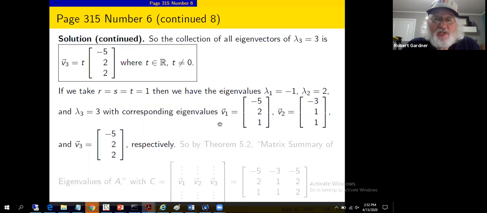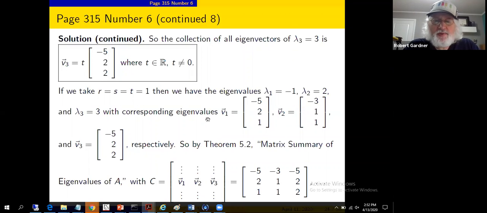All right, so Theorem 5.2 said, make yourself a matrix C and have this be the first column, this the second column, and this the third column. So I put these into a matrix as columns. That gives us matrix C. Order matters. That first one corresponded to eigenvalue -1.